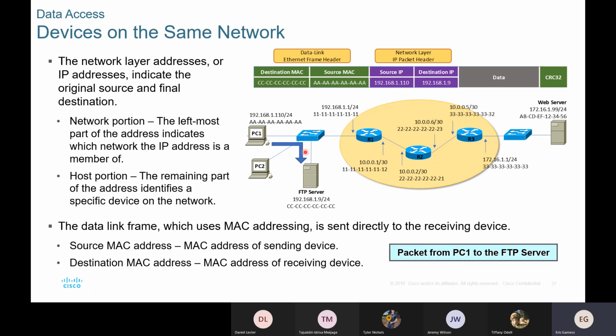So in this one hop that we will have for this transmission, the destination IP address is going to be the IP address of the server, which is 192.168.1.9. And the source IP address will be the IP address of PC1, which is 192.168.1.110, as you can see here. Now, at the level of the MAC layer, the data link layer, the destination MAC address will be the MAC address of this server.